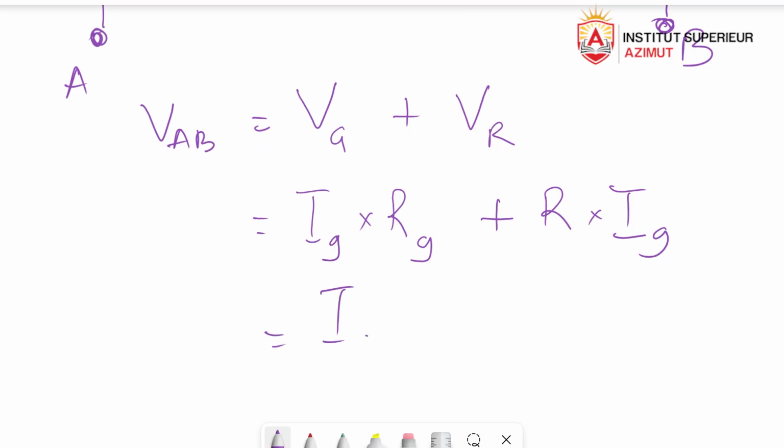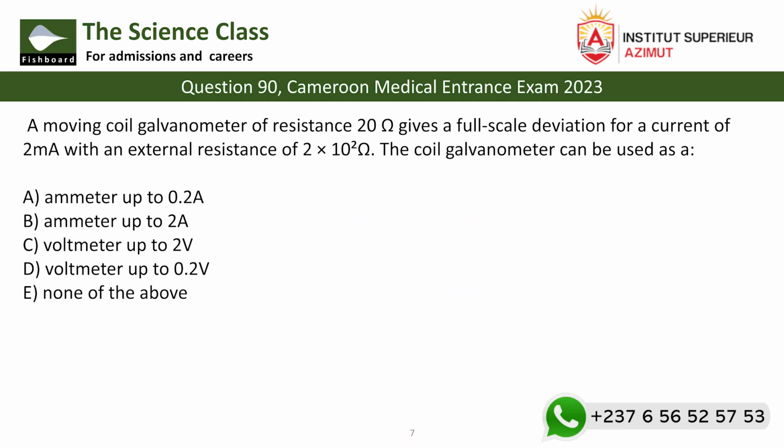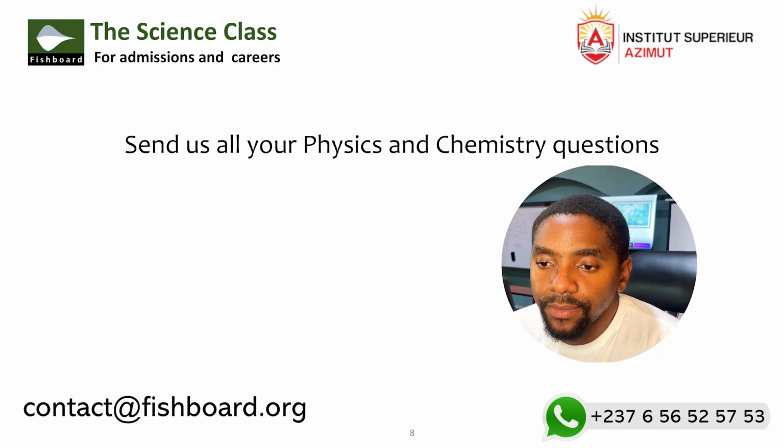So this is going to give us I of the galvanometer into the resistance of the galvanometer plus the resistance of the resistor. So numerically, this will give us 0.44 volts. And this corresponds to none of the answers that were proposed.